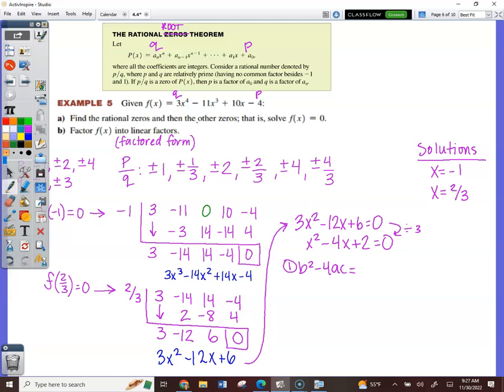Watch your b, it's negative, so put it in parentheses when you go to your calculator. b squared minus 4ac is 8, I think, right? 16 minus 8. Then plug it into your solution.